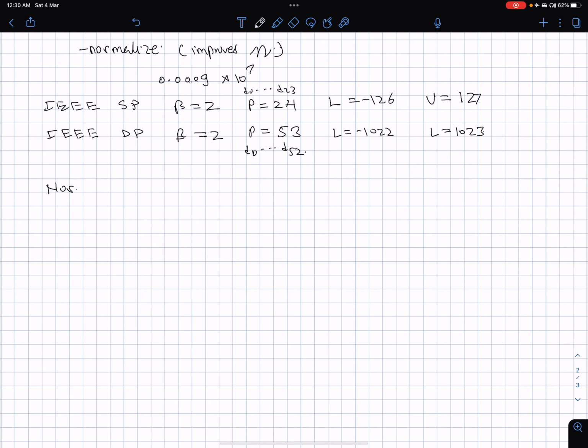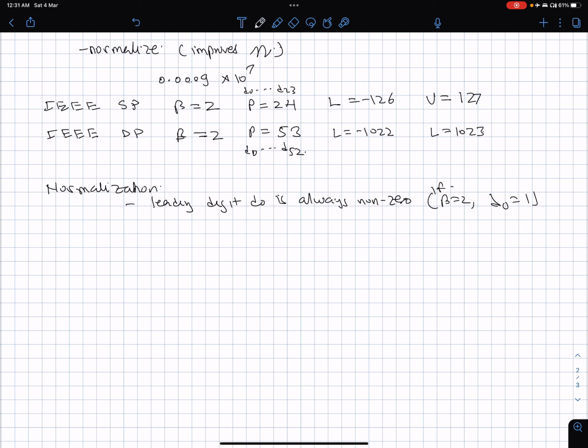I already started discussing it with you, but to add to it properly: in normalization, the leading digit D0 is always non-zero. So if beta is 2, then D0 has to be always 1. That's the most common case.